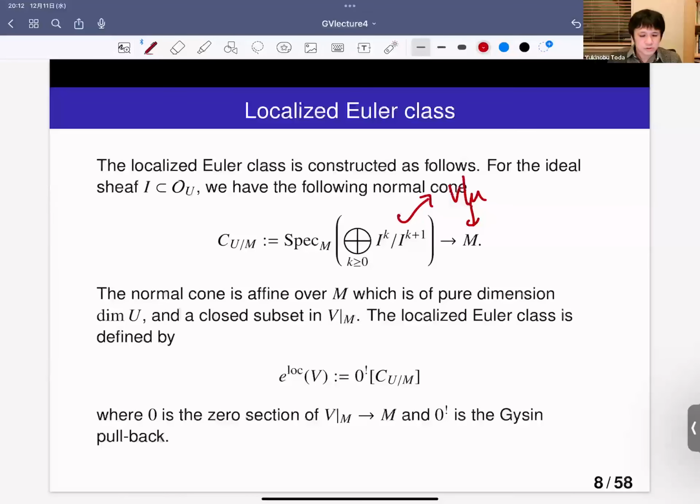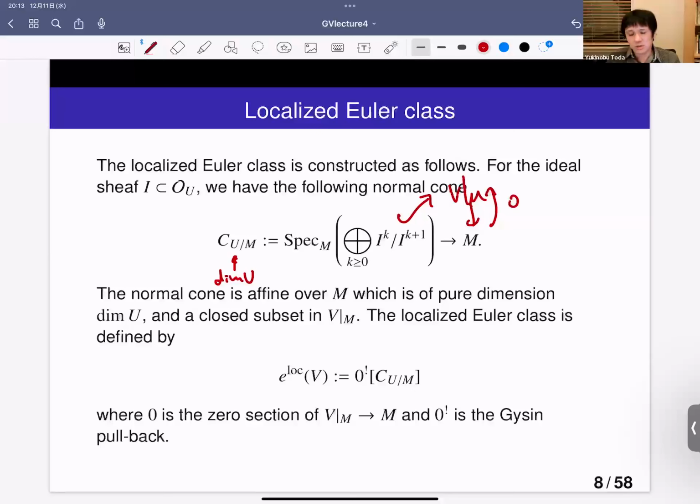So this has dimension dim U, and we have the vector bundle of rank V. And then we also have the zero section of this vector bundle. So then we can take the pullback of this cone by this zero section.